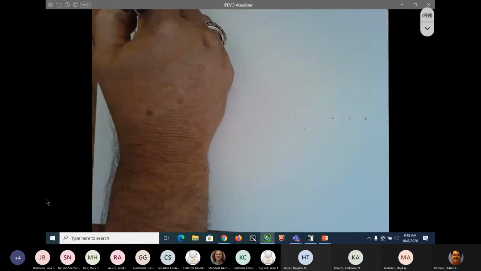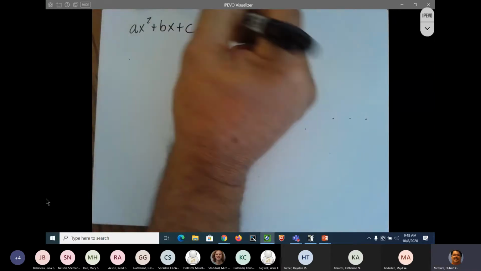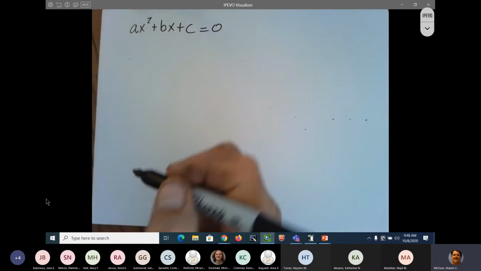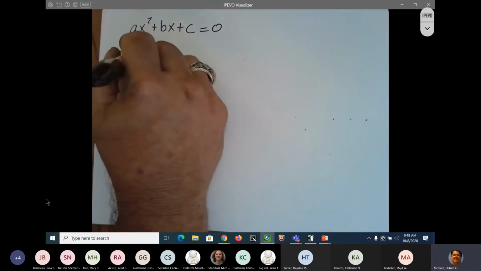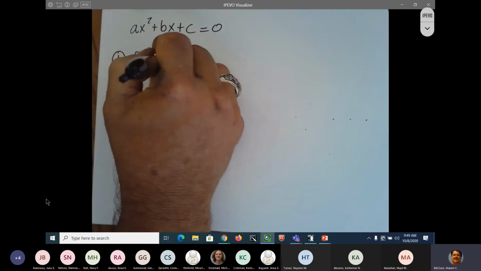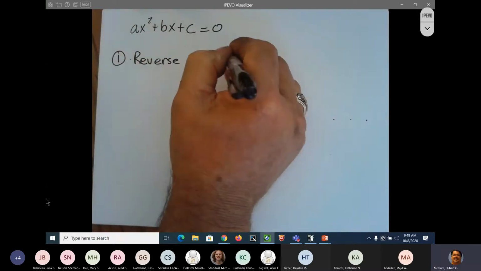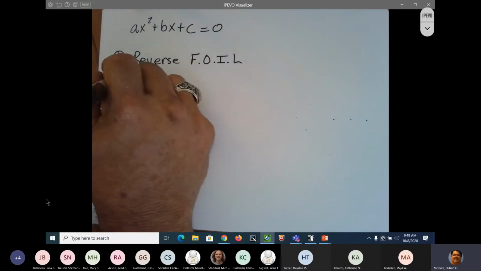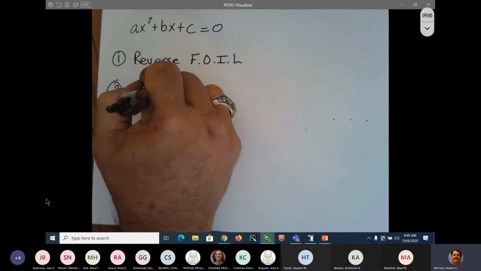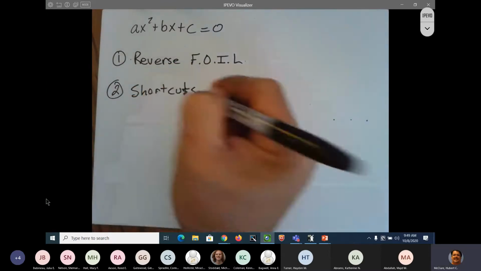Okay? So you are given a quadratic equation, and there are several ways that you've been taught to deal with this quadratic equation. The first is the reverse FOIL. Pronounce it however you would like. Second, we showed you the shortcuts back in Algebra 1 and 2. Shortcuts.